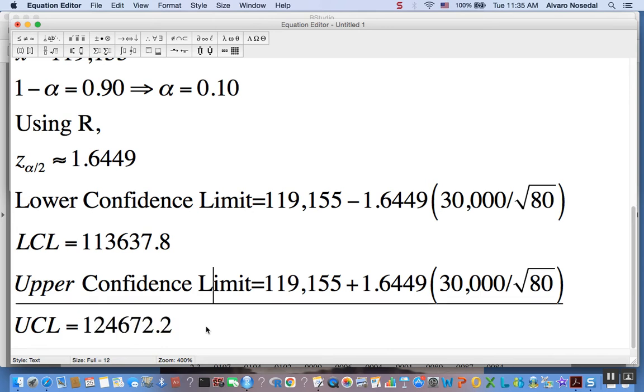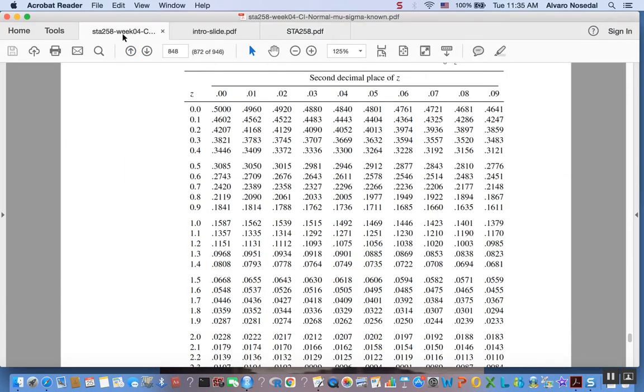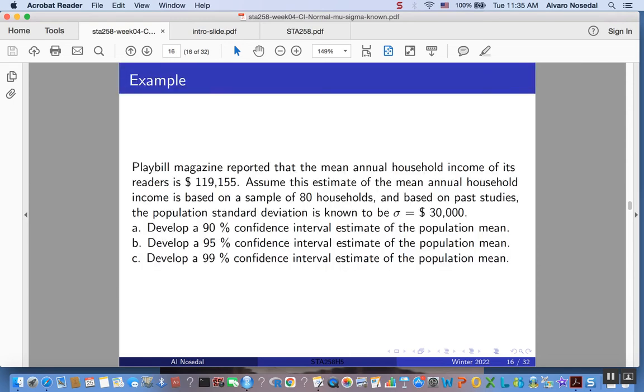Okay, so that's it. So that would be part A of our problem. Let me go back to the statement of our problem. That would be our 90% confidence interval.